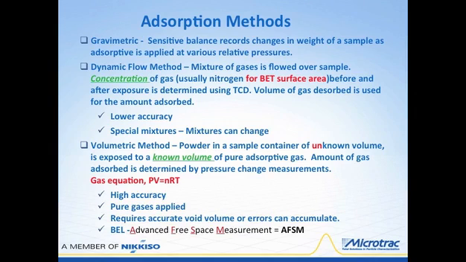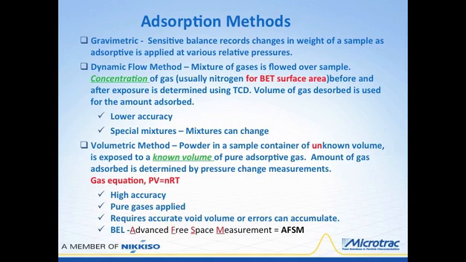Now, one thing, if there's a tank of gas that has a mixture of, say, 30% nitrogen and 70% helium, if that tank of that mixture is allowed to stand, those gases can demix and cause some real issues with doing the surface area measurement. It would be far better to have some type of a mixing valve or some other method for dealing with that.